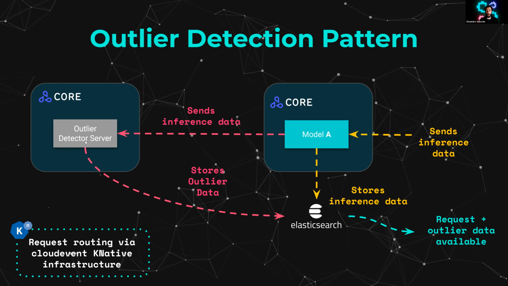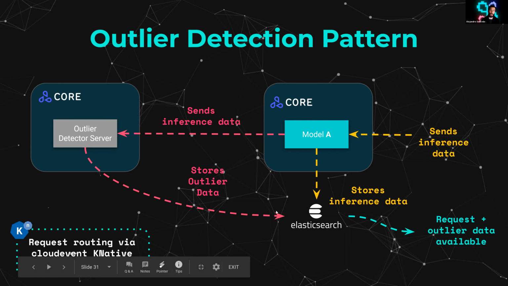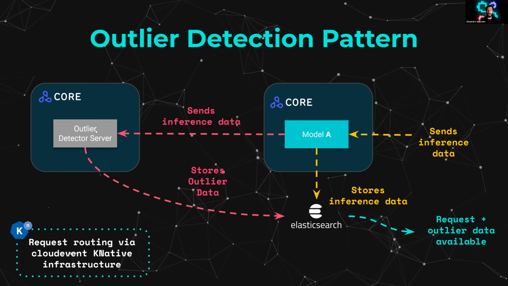For this particular example, what it would be able to do is run that incoming data through its own internal outlier detector model, and basically store whether the data is an outlier or not, right? From that same perspective, the outlier detector is built in the same way as the explainers and the models.